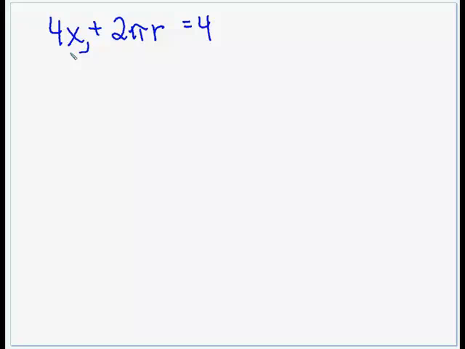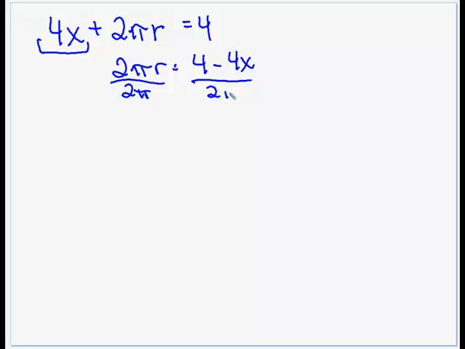So first thing, subtract off 4x. 2 pi r equals 4 minus 4x. And we want to get the r variable alone, so we're going to divide by 2 pi. So we're going to have r equals, and let's factor a 4 out of that top: 4 times 1 minus x over 2 pi.